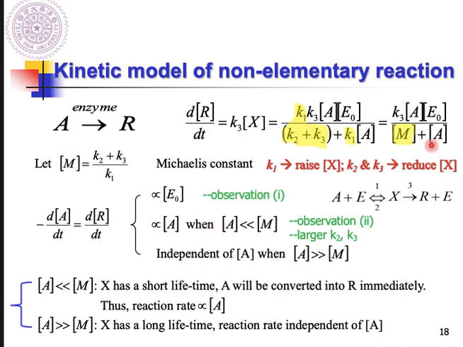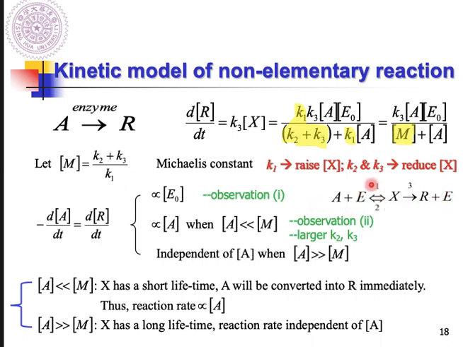But by the way, I want to explain more. When Ca is much smaller than M, what does this mean? It means M is quite large, so k2 and k3 are much larger than k1.